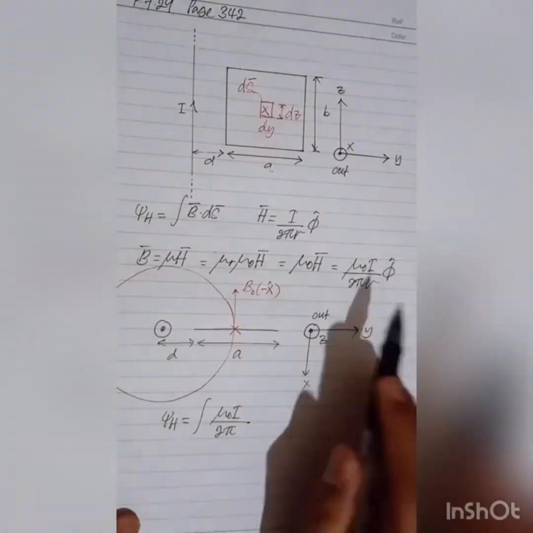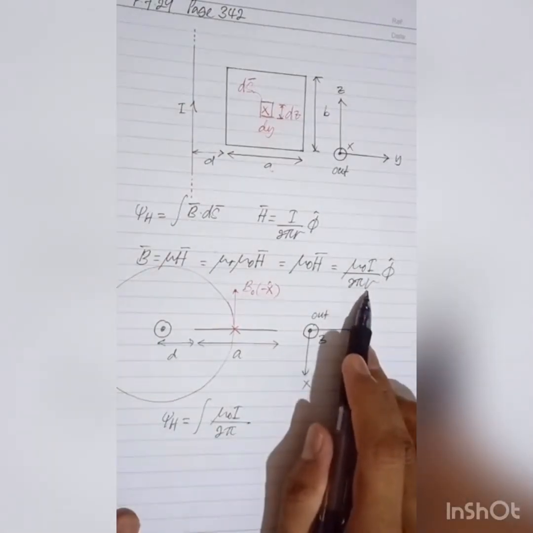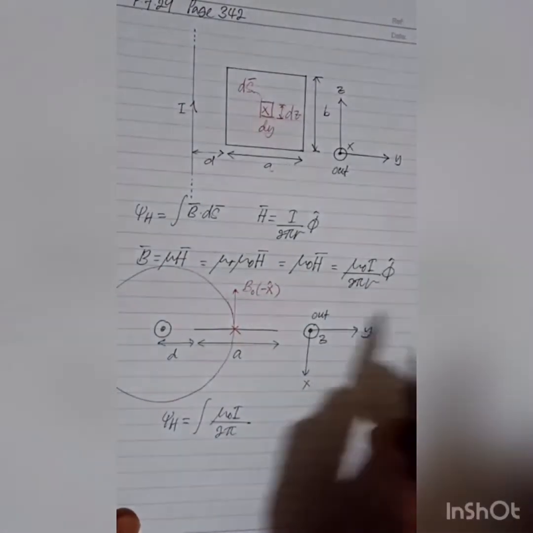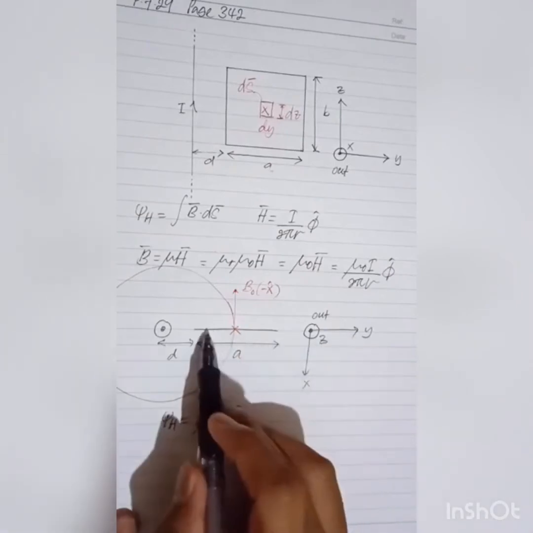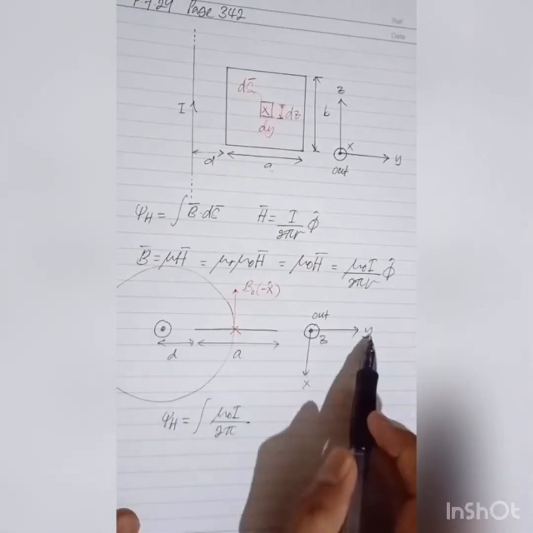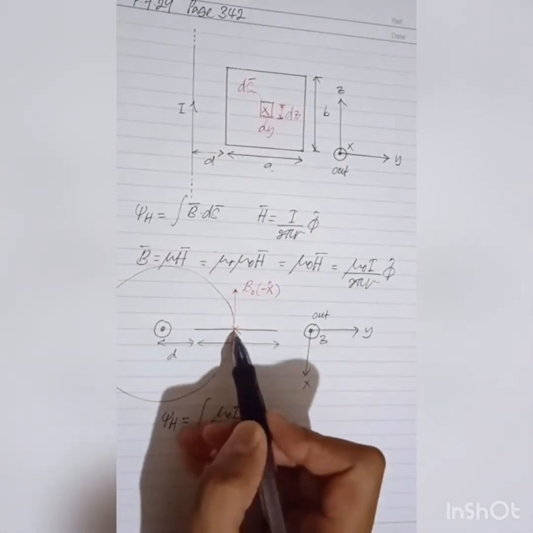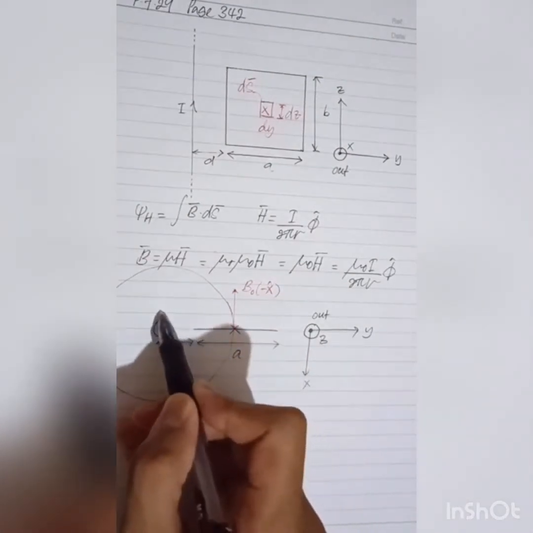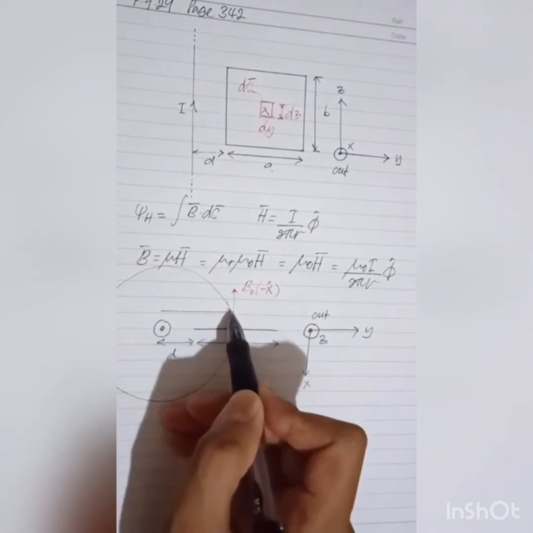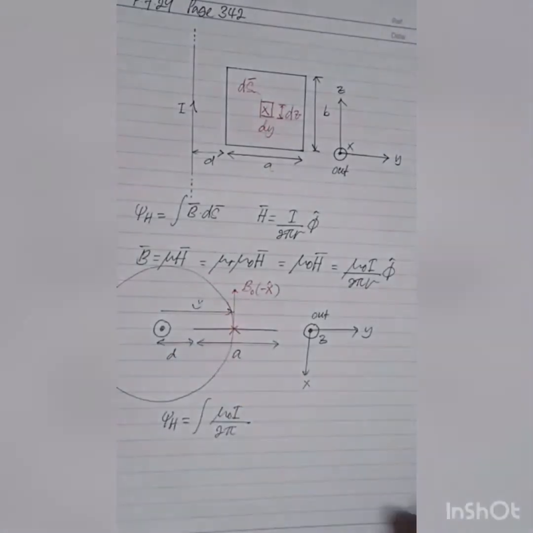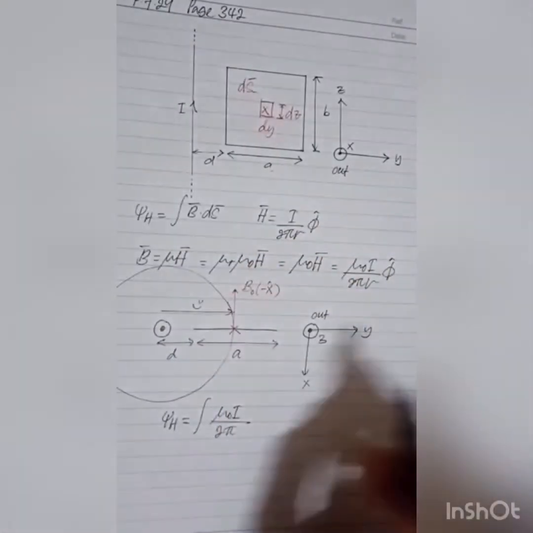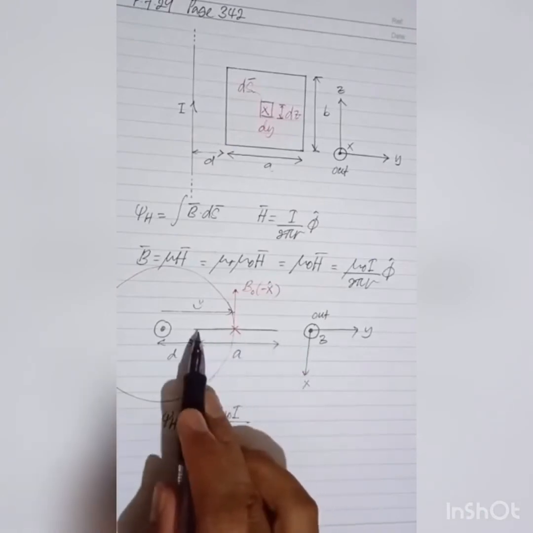We have to change the r to y, because we are assuming that this path is along the y-axis. The distance of the sample to this current is in the y variable, and y could be anywhere between this point and that point.